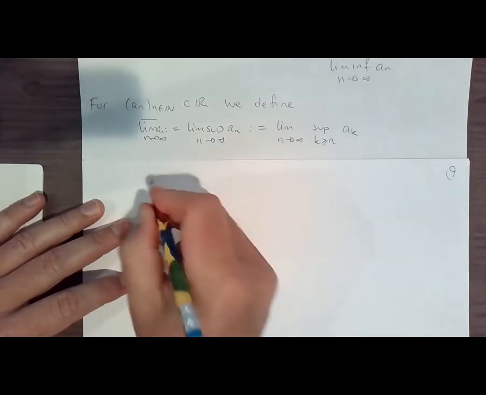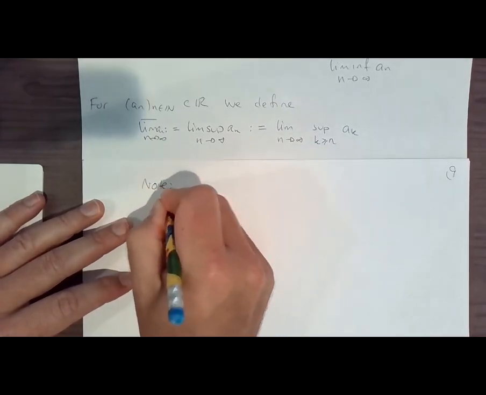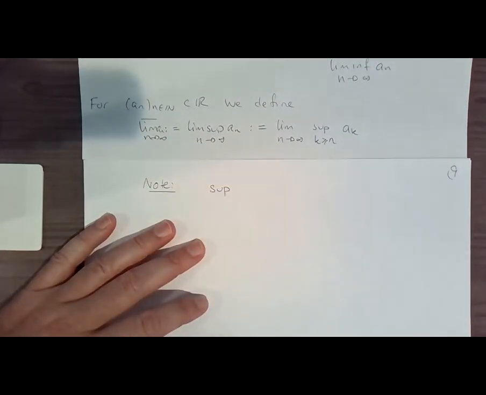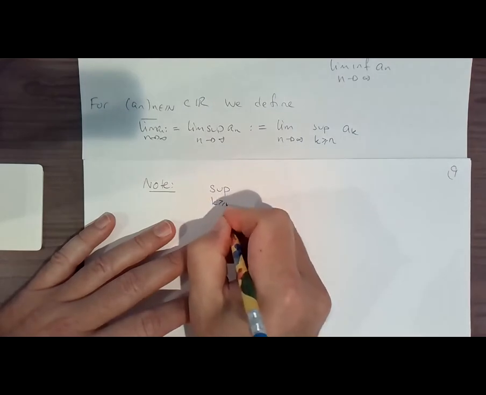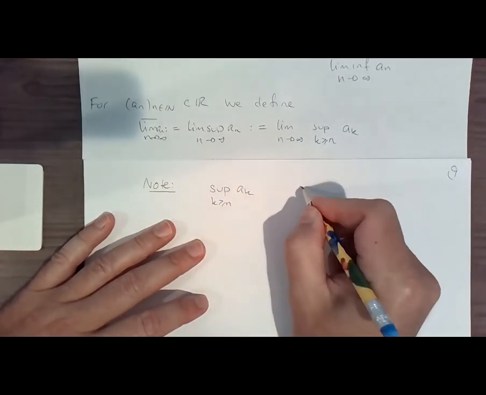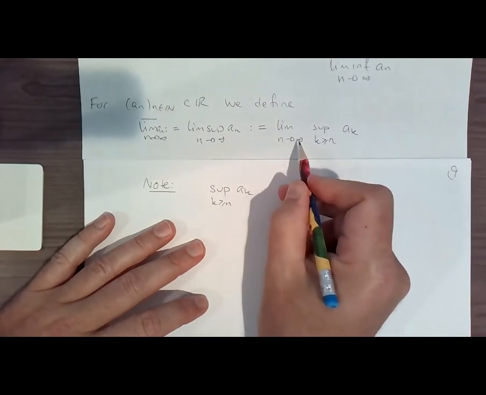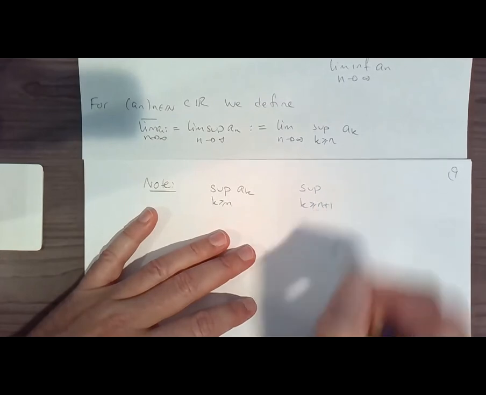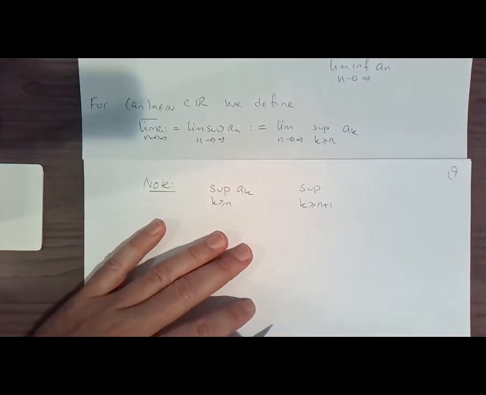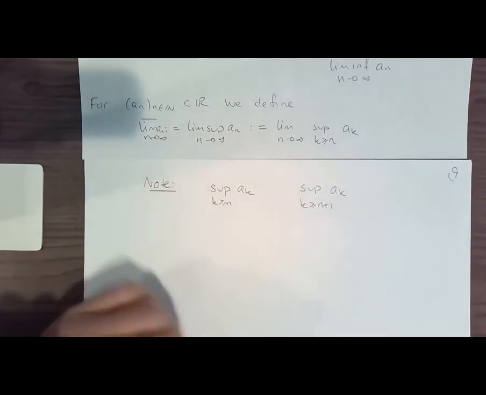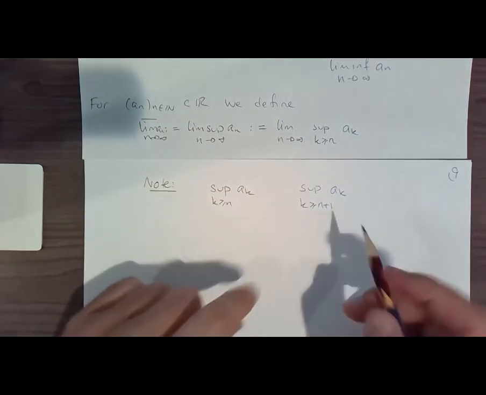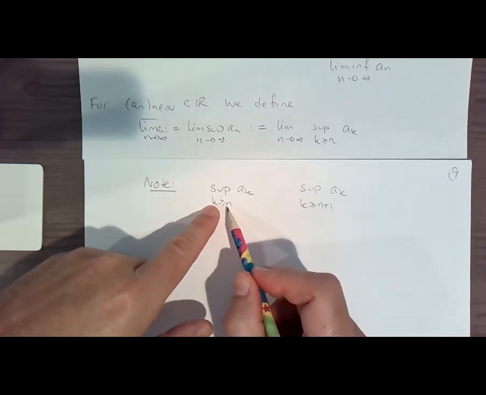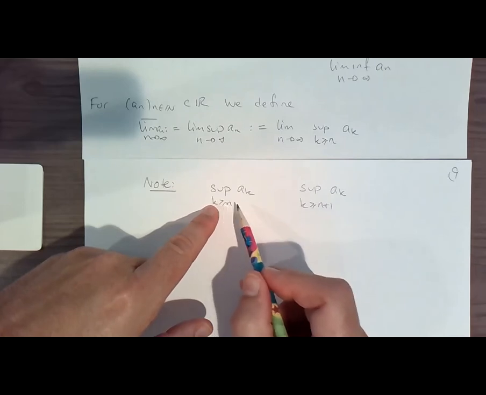Here it's okay to write that limit, because if I take the supremum over k bigger than n of a_k, and I compare it to the supremum over k bigger than n plus 1, here there is more flexibility, because I can choose k to be n, n plus 1, and so on.